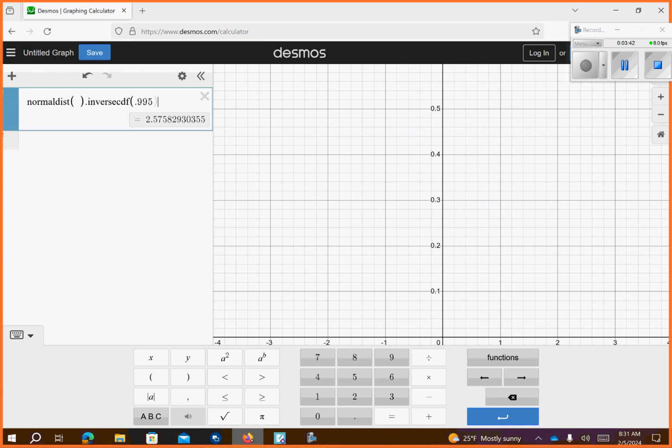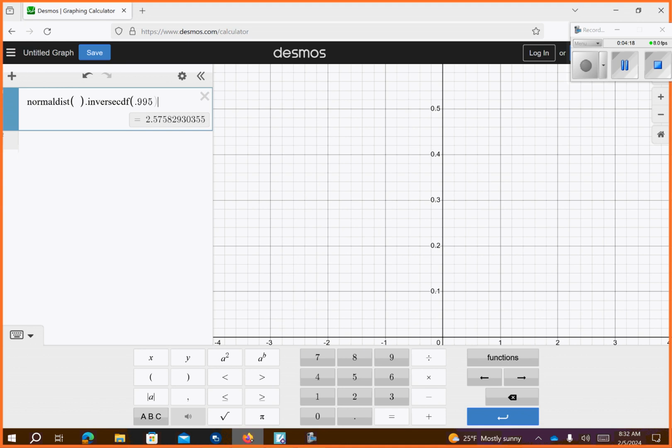Sample 200. Where's my equation for it? It is average standard deviation 150.